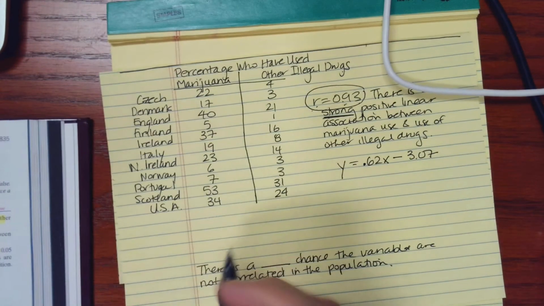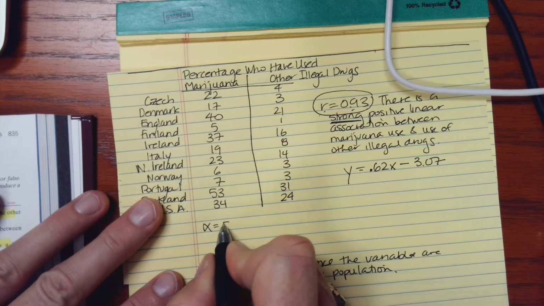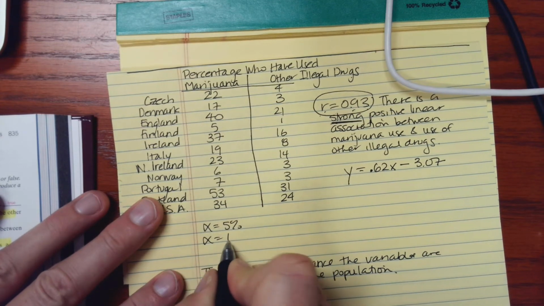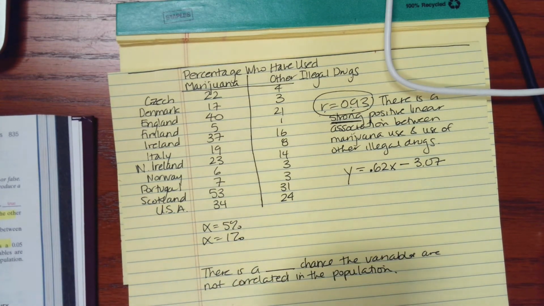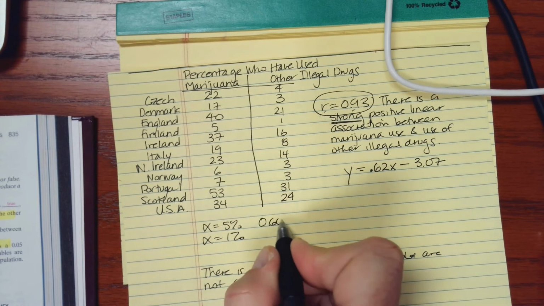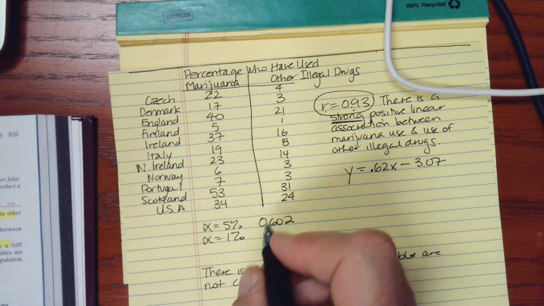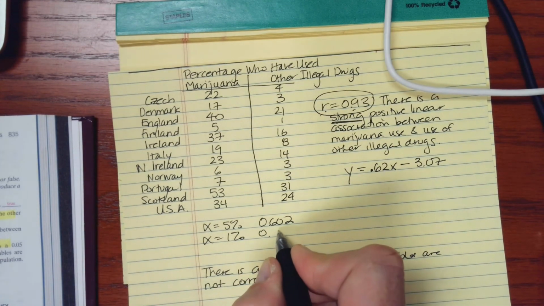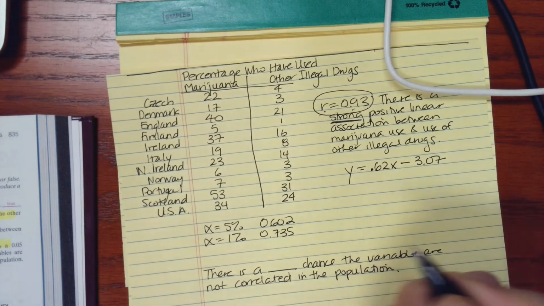To make the comparison, I'm going to write down these two values. For alpha equals 5%, that was 0.602, and for 1%, it was 0.735.